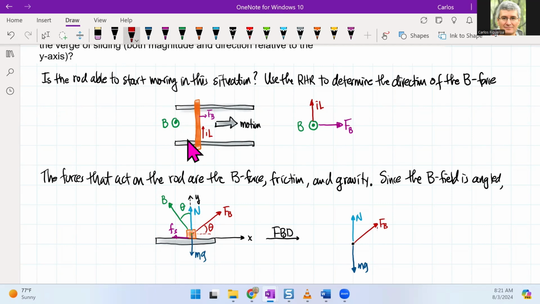I'm going to project this down here to get my magnetic force in the x direction, and then project it over here to get my magnetic force in the y direction. And then finally, I have my frictional force here, which is static and at its maximum, so it has to be the coefficient of friction times the normal.